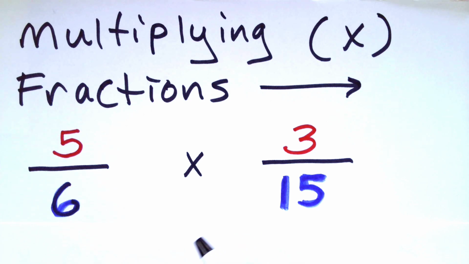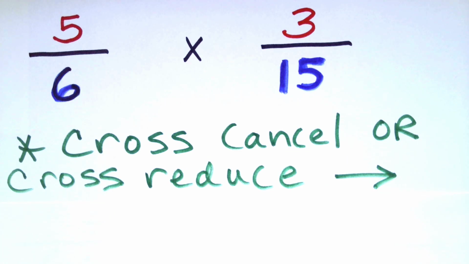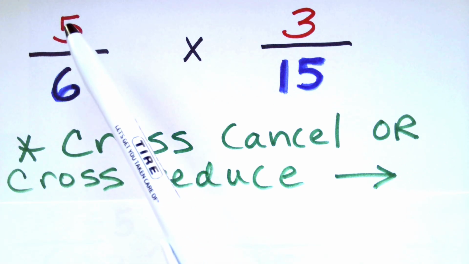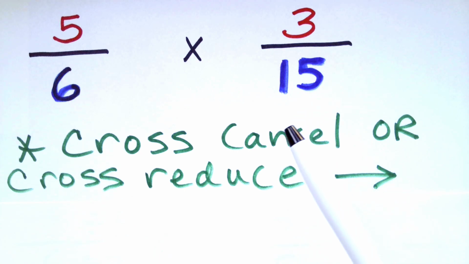But I want to show you something else that you could do in this type of situation. Okay, so what you could do is something called cross-canceling or cross-reducing, right? Is there a number I can divide into 6 and 3 evenly without a remainder? Is there a number I can divide into 5 and 15 evenly without a remainder?